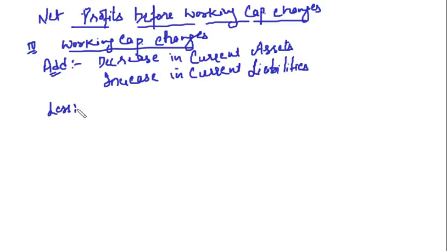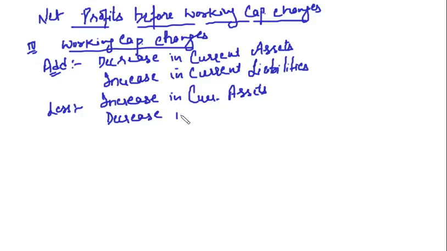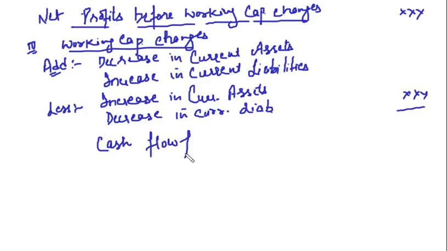What is to be subtracted? Assets move in opposite direction, so increase in current assets is subtracted, and liabilities move in the same direction, therefore decrease in current liabilities will be subtracted. Clear? So whatever figure you get is cash flow from operations.